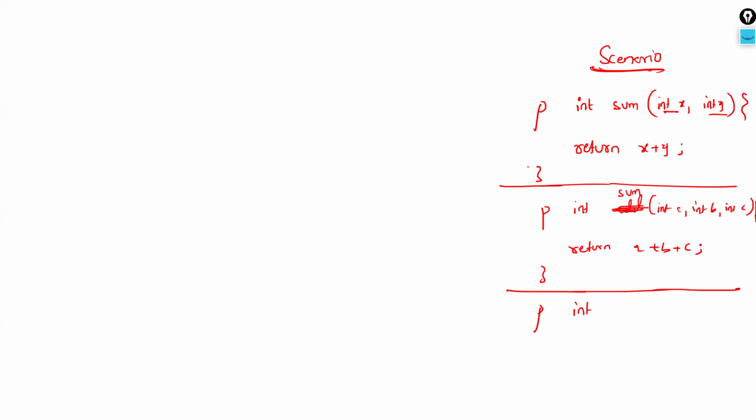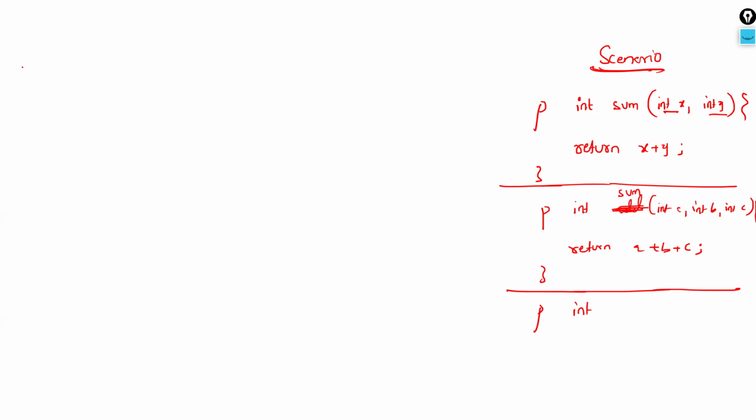So we go with the same method name but a different number of inputs. That's called method overloading. In one class, same method name with different signatures or different parameters is called method overloading. So this is the requirement for that.